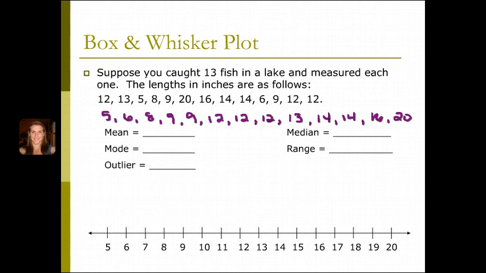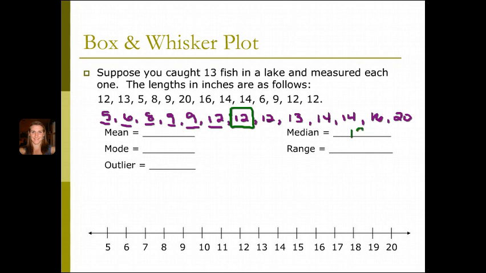So if we've got 13, we should have 6 numbers on either side. So 1, 2, 3, 4, 5, 6. And that's going to make us have 12 as our median.